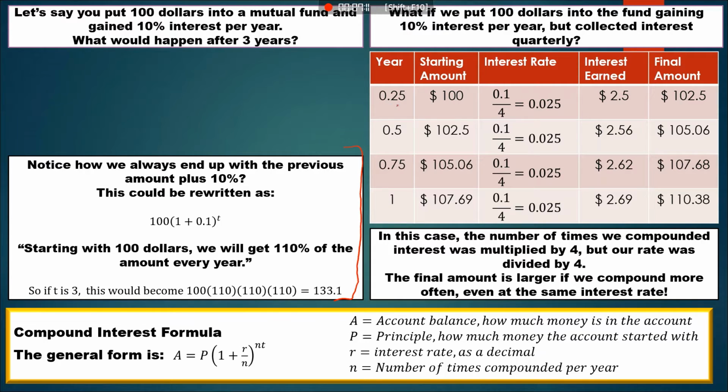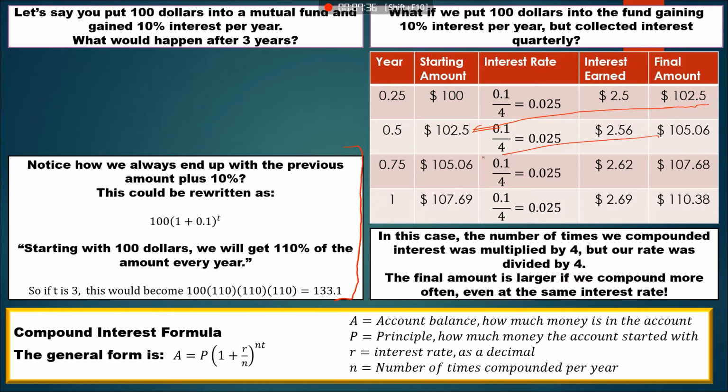So after the first quarter, I would end up with $102.05. For the second quarter, I would start with the $102 from last time, earn another 2.5% interest, so that's 1/4 of the 10% I'm earning all year. And you'll notice I'm earning a little bit more interest than I did last time.